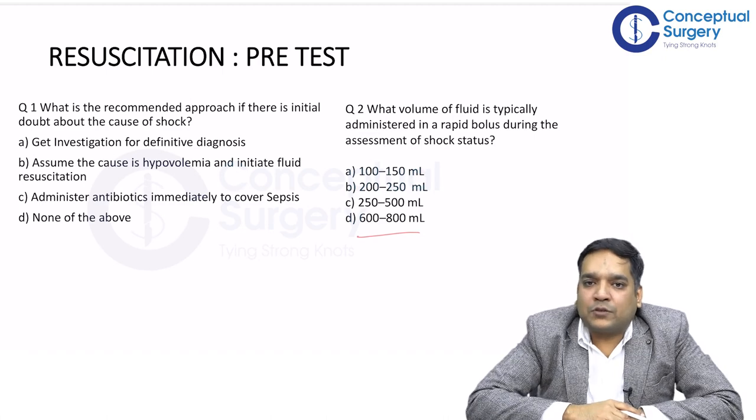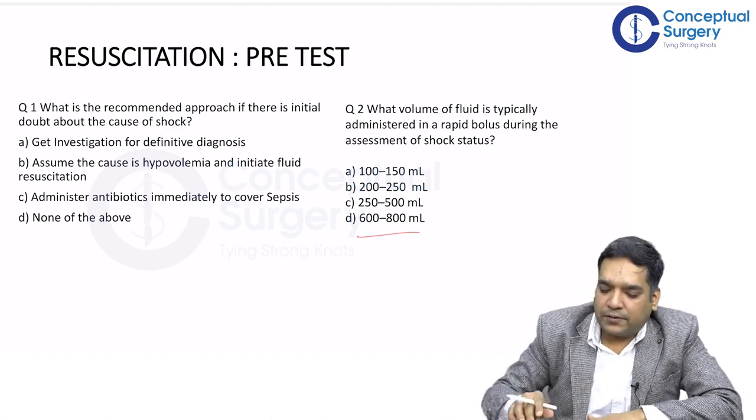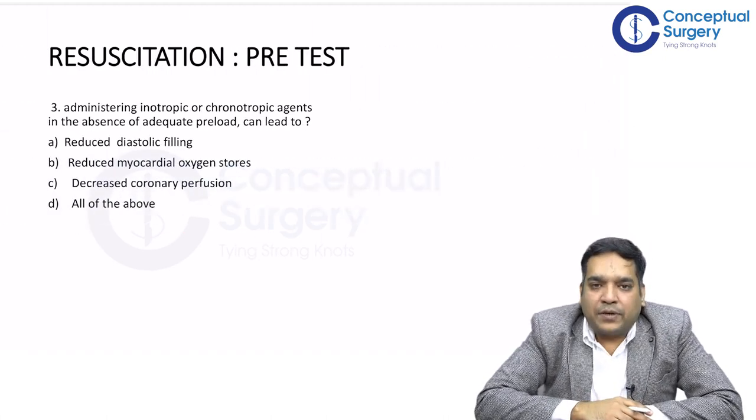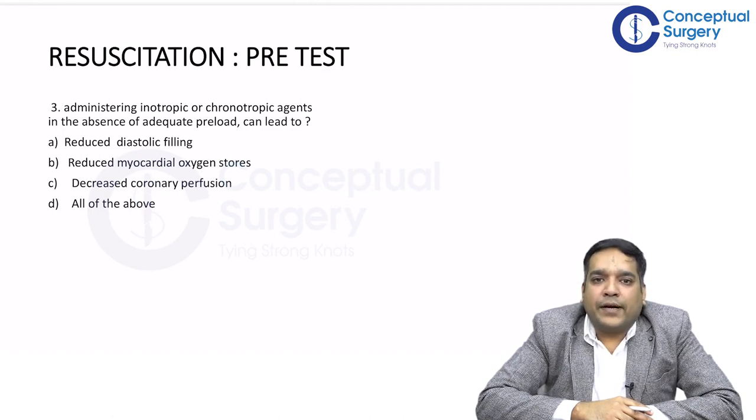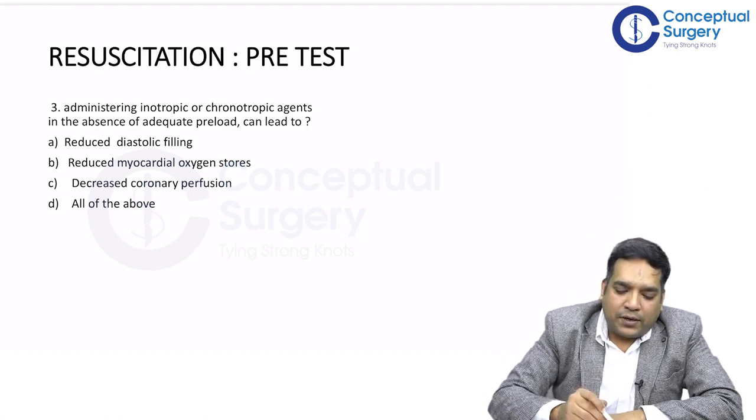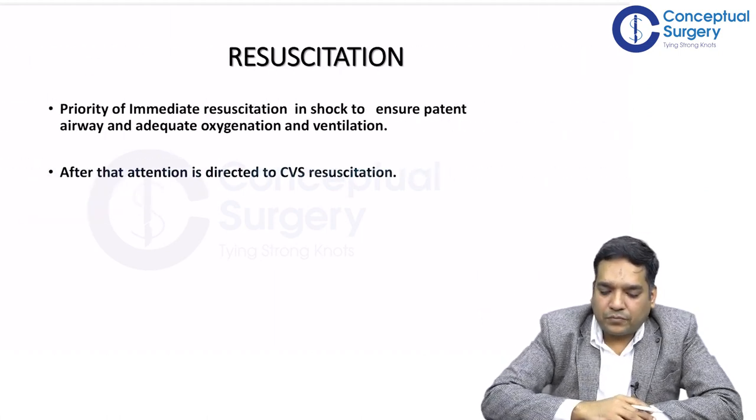I will request the students to type their answer in the chat box, please. Question number 3, administering inotropic or chronotropic agent in the absence of adequate preload can lead to reduced diastolic filling, reduced myocardial oxygen stores and decreased coronary perfusion, and choice D, all of the above.